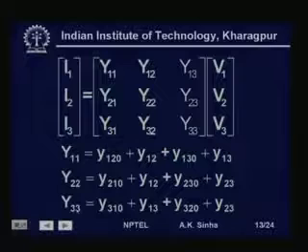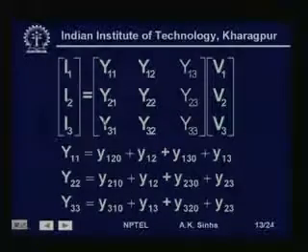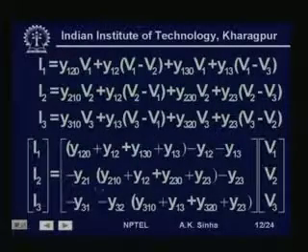Similarly, diagonal element Y33 is equal to y310 plus y13 plus y320 plus y23. This is what we get from the matrix that we had seen here.